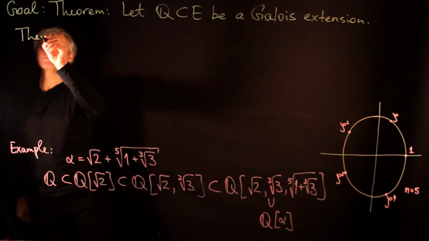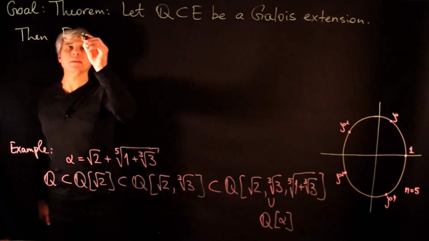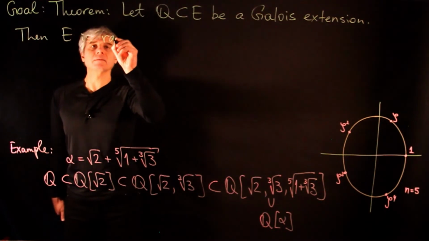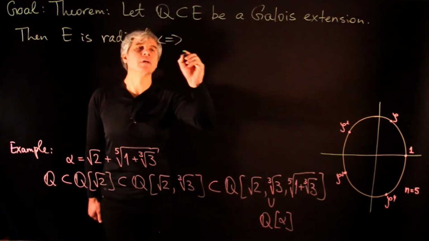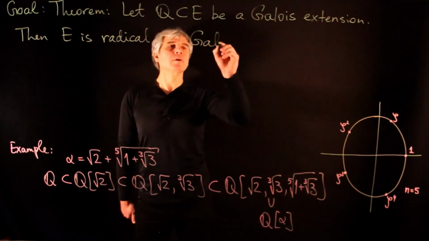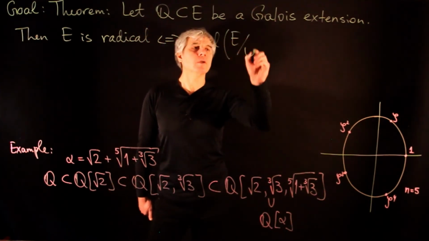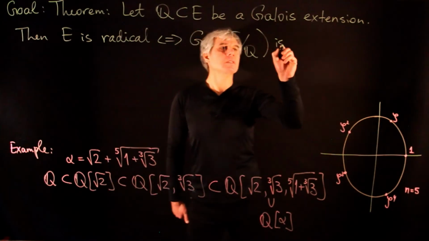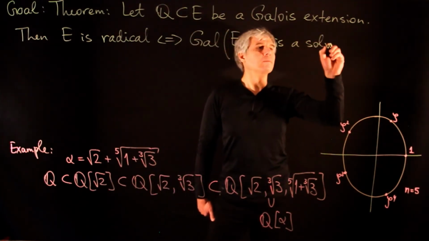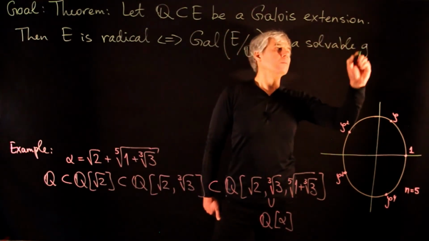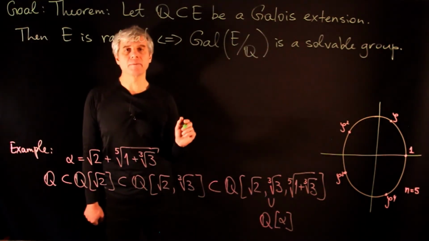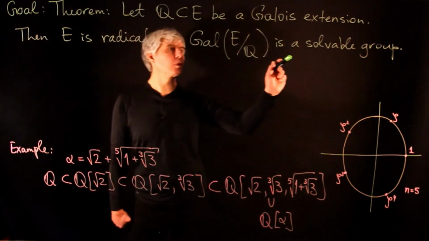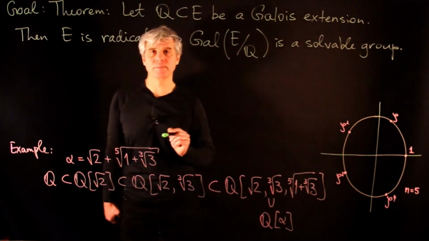Then E is radical if and only if the Galois group of E over Q is a solvable group. It's precisely this theorem that explains why solvable groups are called solvable.